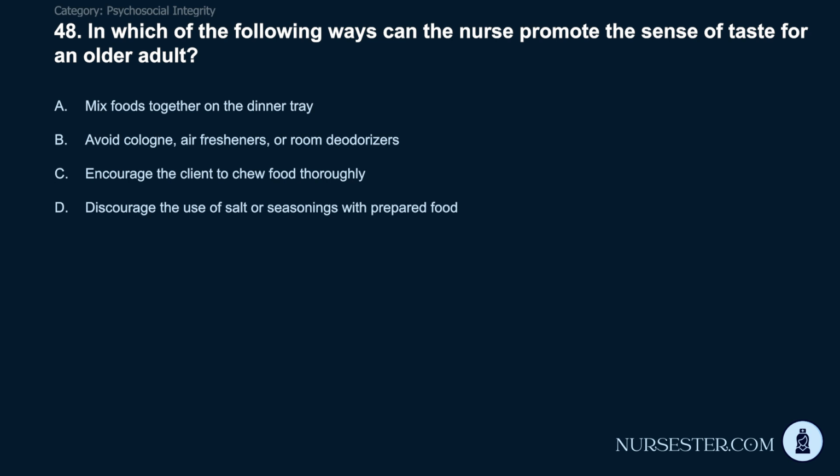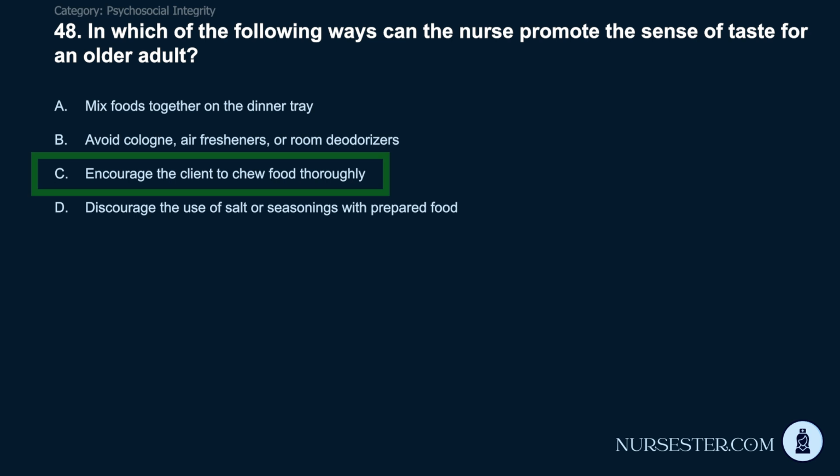48. In which of the following ways can the nurse promote the sense of taste for an older adult? A. Mix foods together on the dinner tray. B. Avoid cologne, air fresheners, or room deodorizers. C. Encourage the client to chew food thoroughly. D. Discourage the use of salt or seasonings with prepared food.